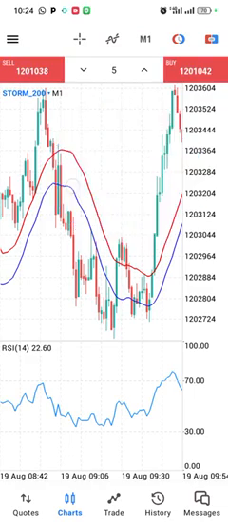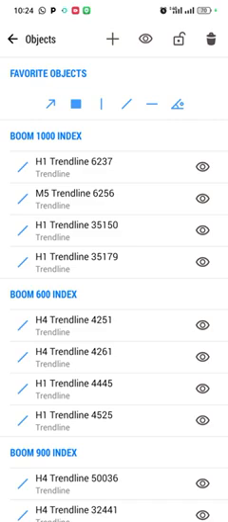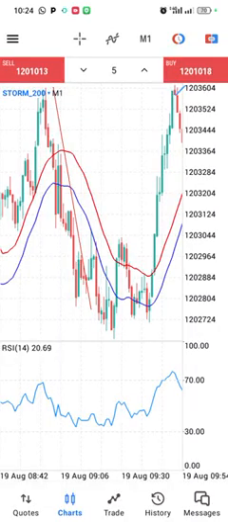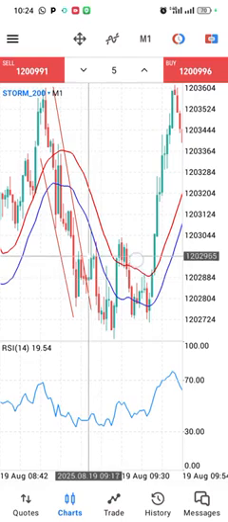For instance, let's say you have this trend, okay? Let's give it a full trend in 1 minute. Most people do not know that there are trends in the 1 minute chart. Now you can see this trend, and you can see that the candle has pulled out here, out of the trend.